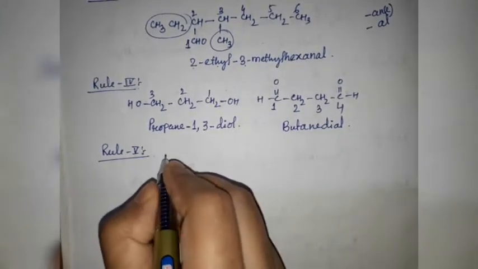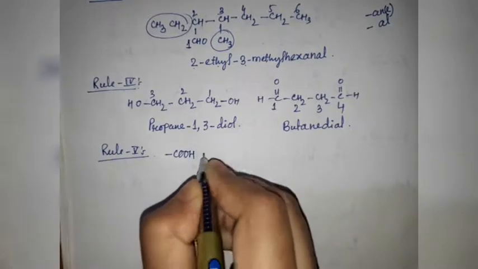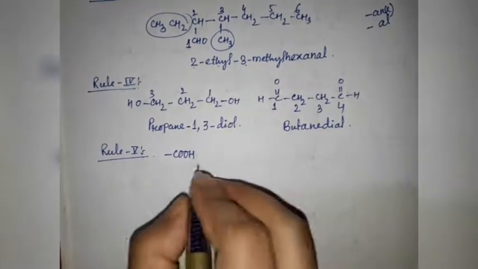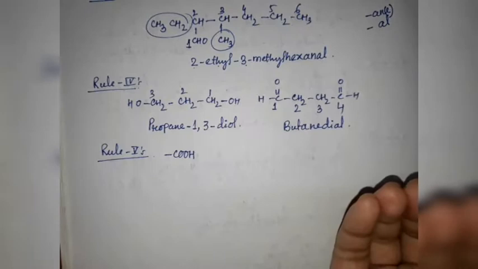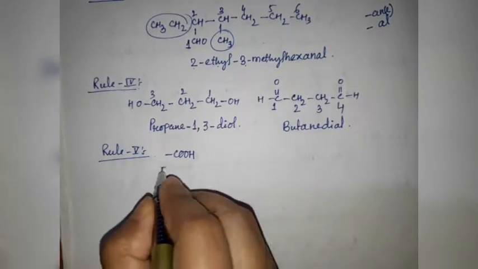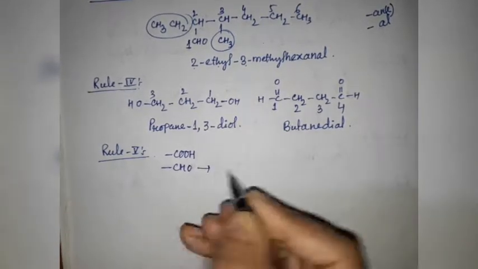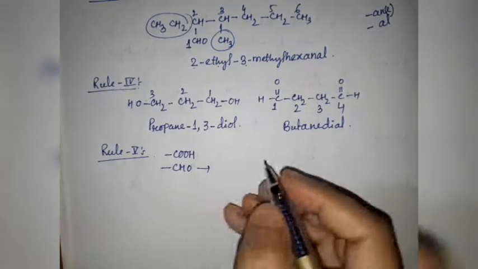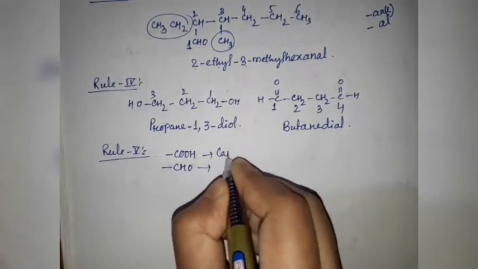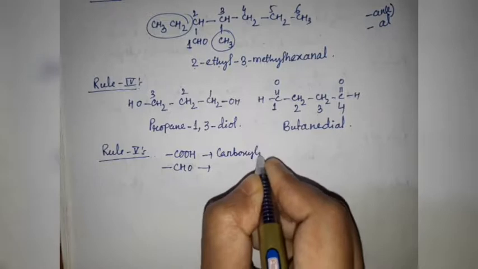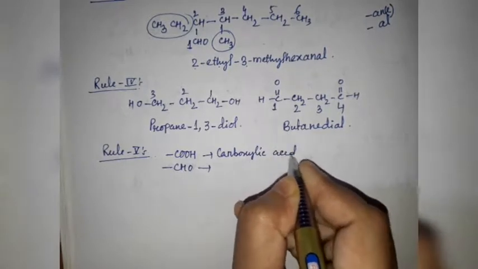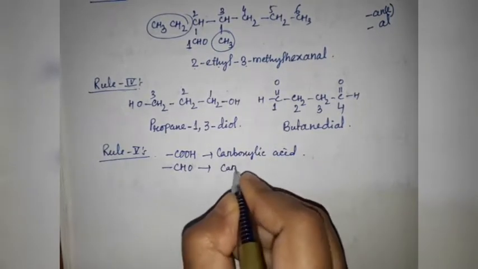For example, for carboxylic acids we write carboxylic acid, and for CHO we write carbaldehyde.